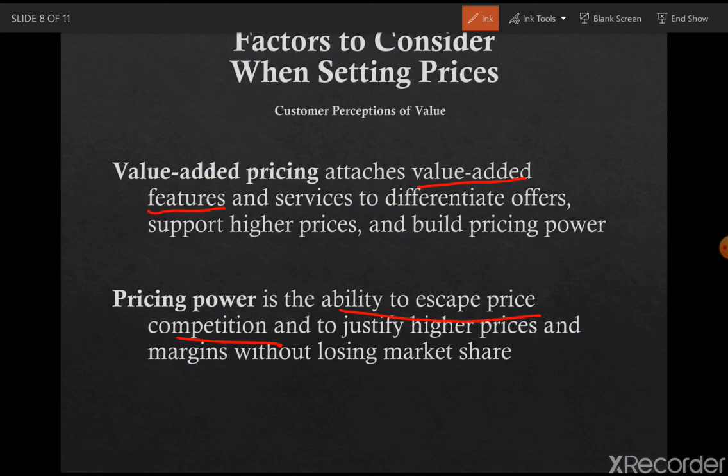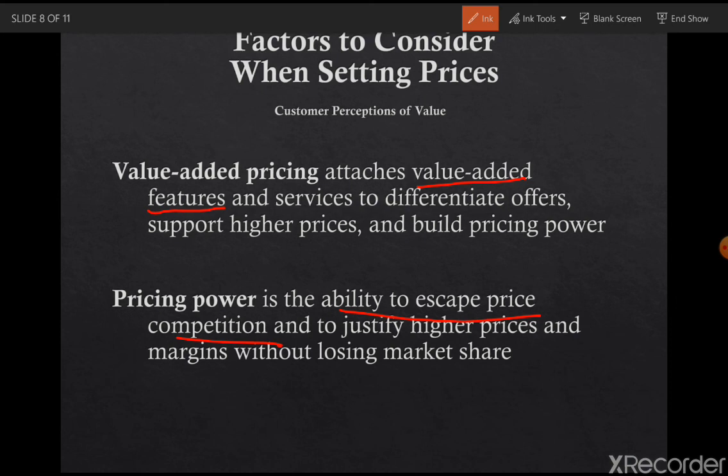So that value added feature would let you escape from the market competition, where you'd be able to charge the customer a little higher without losing the market value or the market share, right? So that is what value added pricing is: you give your customers something extra by charging a little higher than the competitors without losing any market value or market share.